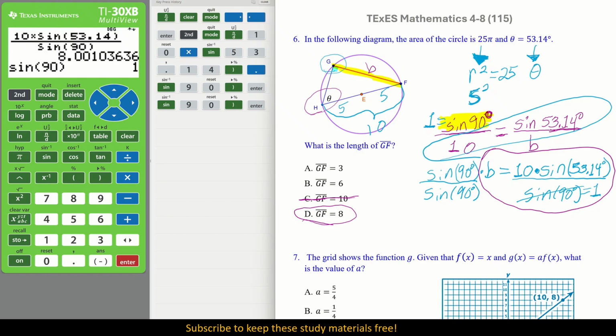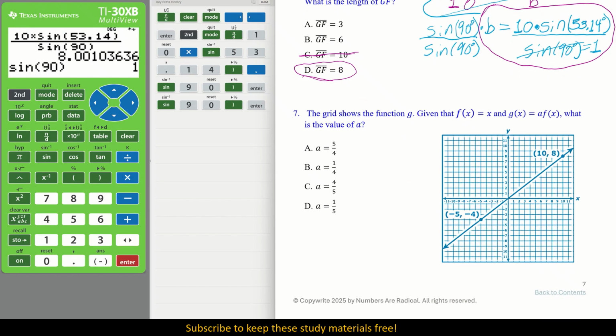So let's look at number 7. The grid shows the function g. Given that f of x equals x and g of x equals a times f of x, they're multiplied together, what is the value of a?